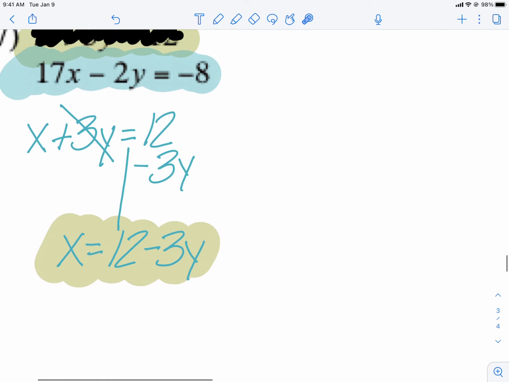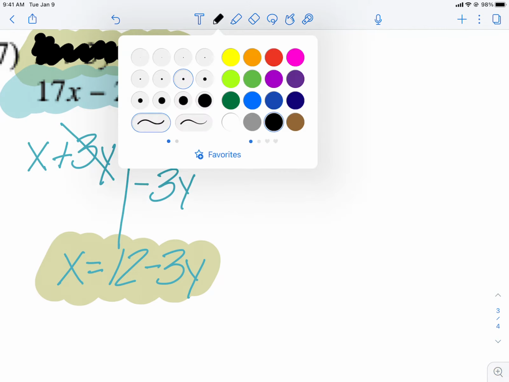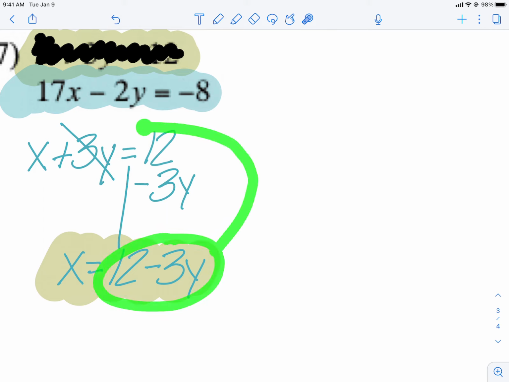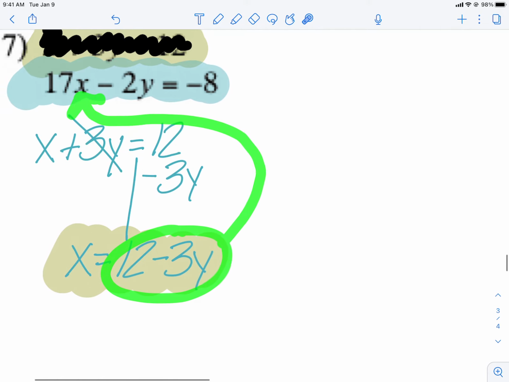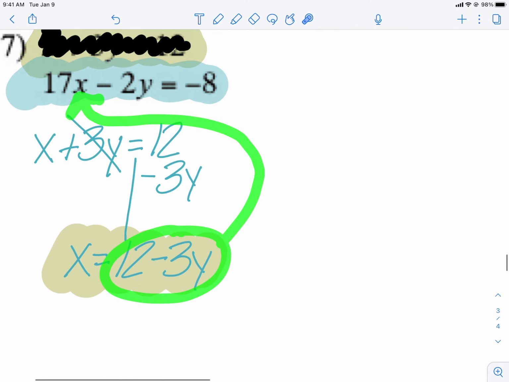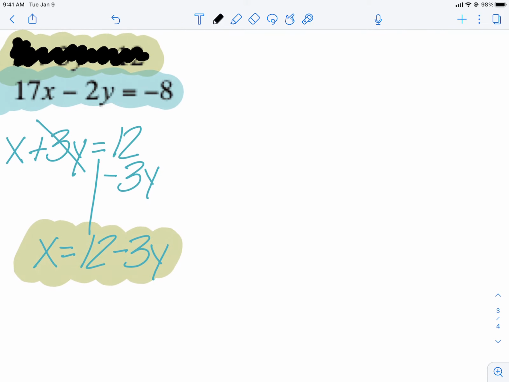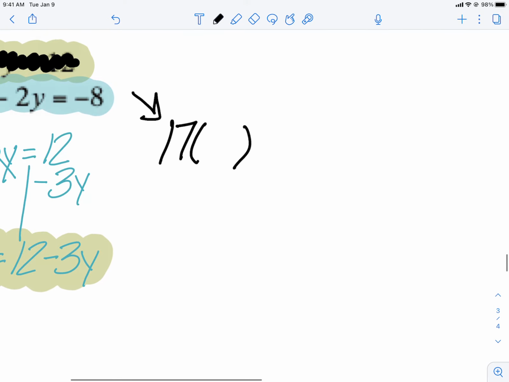So what I'm going to do is plug in x, 12 minus 3y, into that x right there, into that blue. See? So I'm going to write the blue over here on this side. 17, but instead of x, I'm going to put a big parentheses, minus 2y is equal to negative 8.